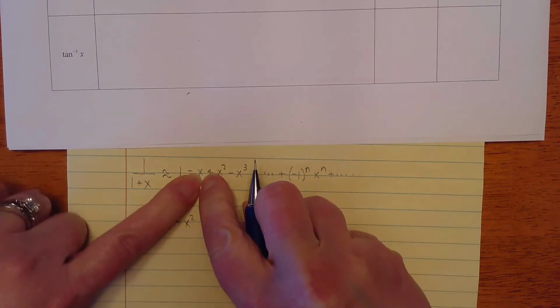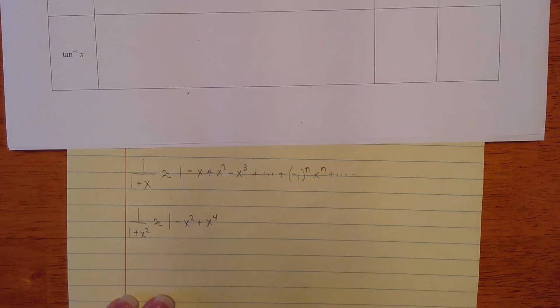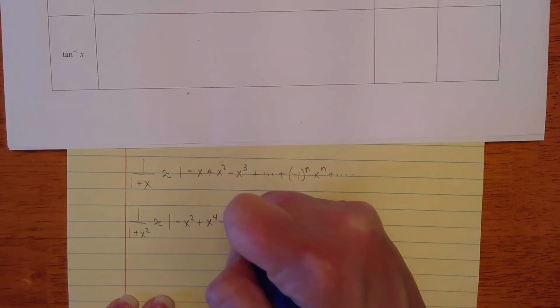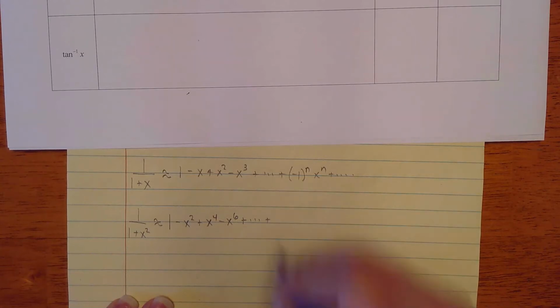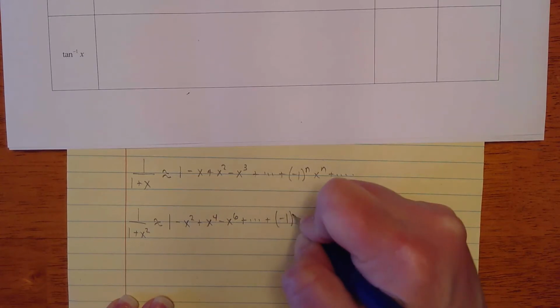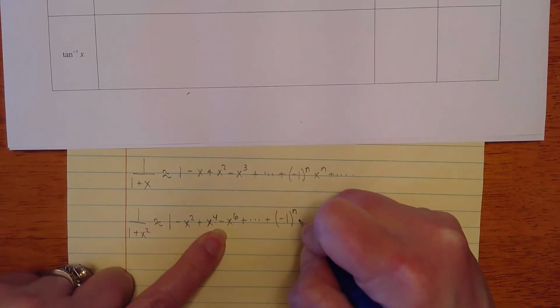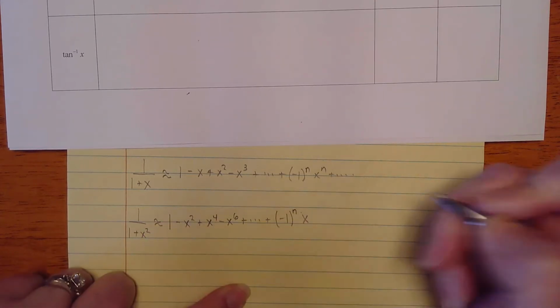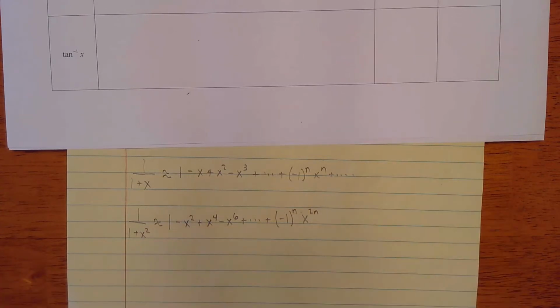So I put in an x squared there. x squared squared is to the 4th, to the 6th, and so on. So I still have my -1 to the n, because I keep rotating, x to the 2n.